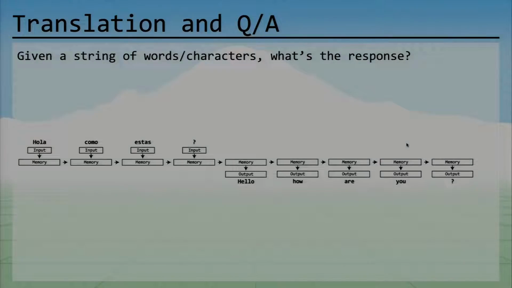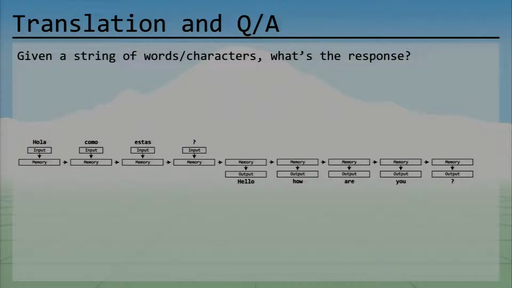We input some string of words or characters, and we want to train the network to output that same string, but potentially in a different language. Or potentially we feed in a question, and we want the model to output the answer to that question. So we might input hola, ¿cómo estás? And what we want is hello, how are you?